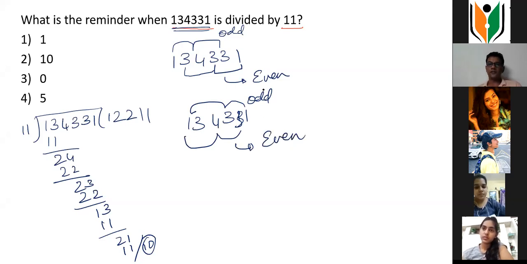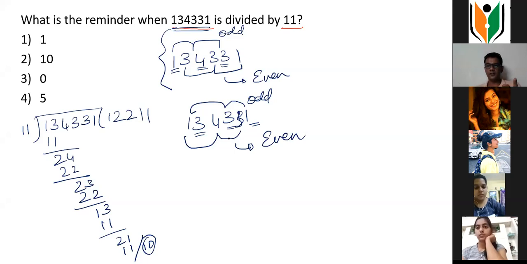Do you understand the difference that has happened? When I took the numbers from my left hand side, 1, 4, 3 became the digits in the odd places. But when I start counting from the right hand side, 1, 3, 3 became odd places.